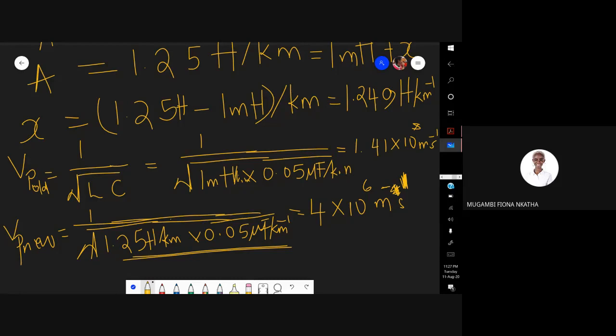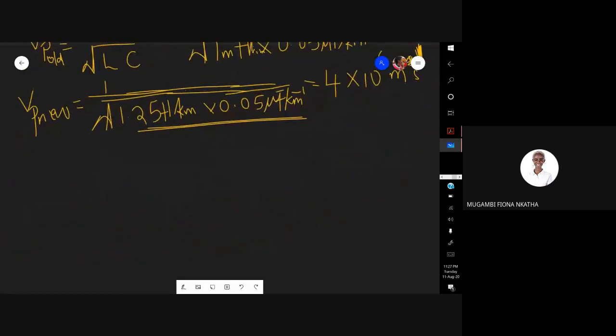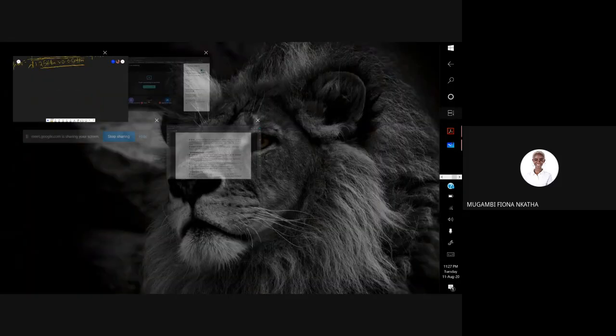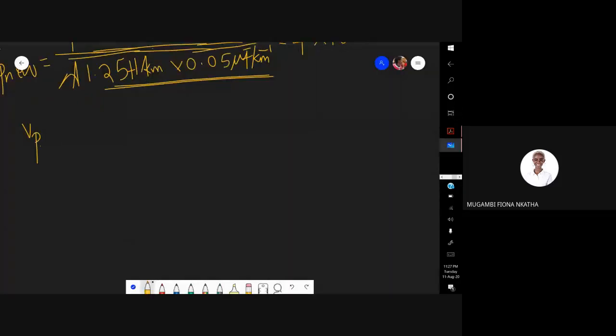Okay, fine. So we have the old phase velocity and the new phase velocity. To find the percentage change, we'll say VP old minus phase velocity new divided by VP old times 100.